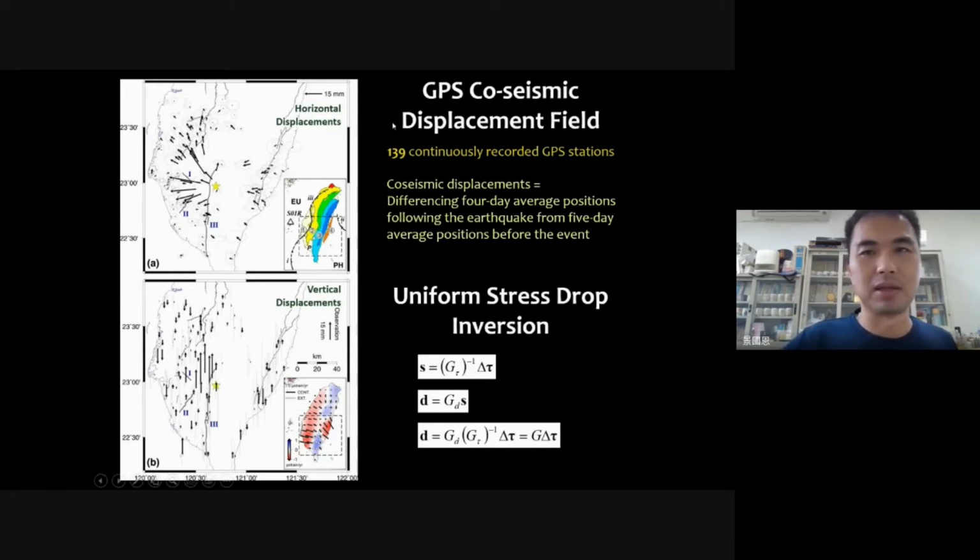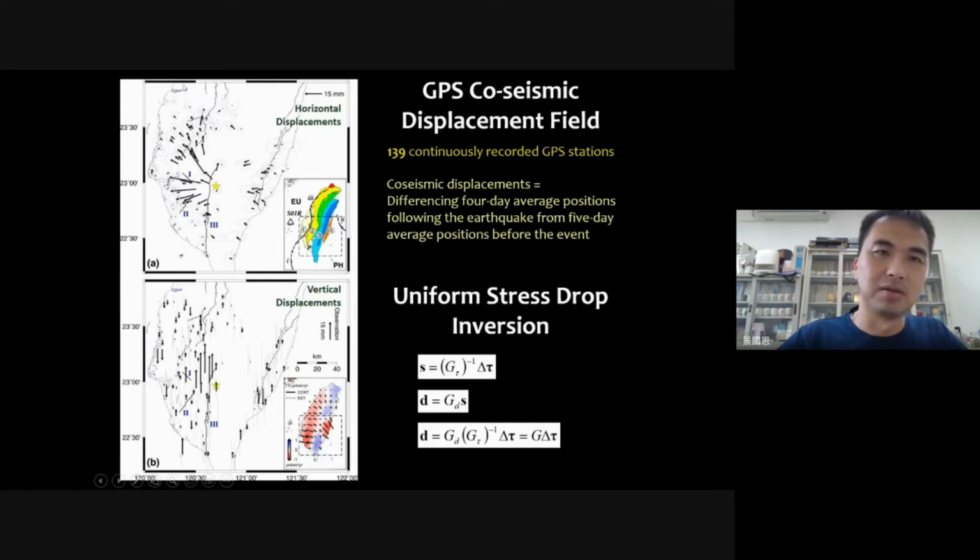So we call it the co-seismic displacement. Here is the horizontal pattern, and this is the vertical pattern. Once again, although the slip on the fault is within a very small area, it could cause large-scale surface deformation.